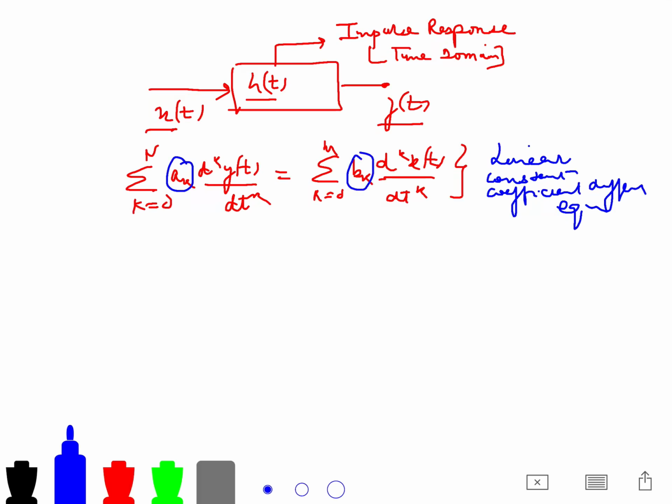Linear constant coefficient differential equation, right? In this a_k and b_k are the constant coefficients.